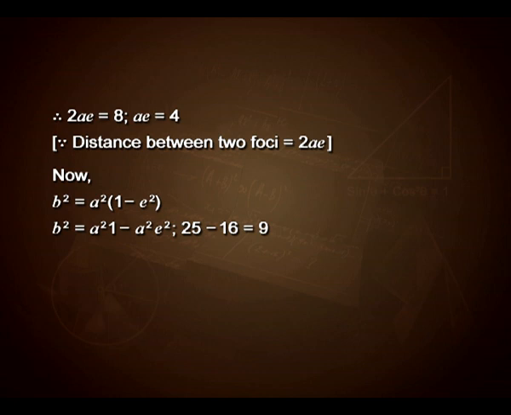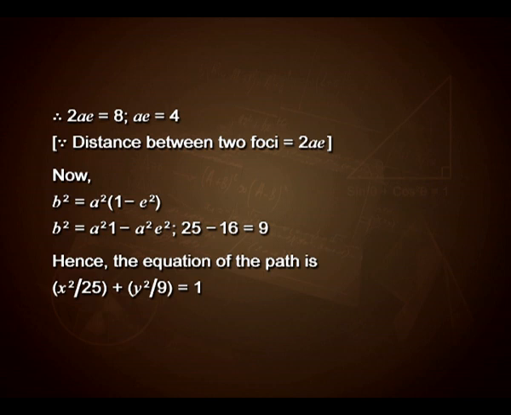On solving, b square is equal to a square minus a square e square, that is 25 minus 16 is equal to 9. Hence, the equation of the path is x square upon 25 plus y square upon 9 is equal to 1.